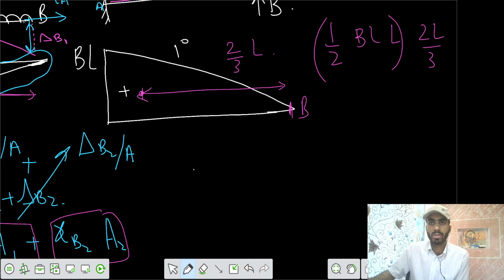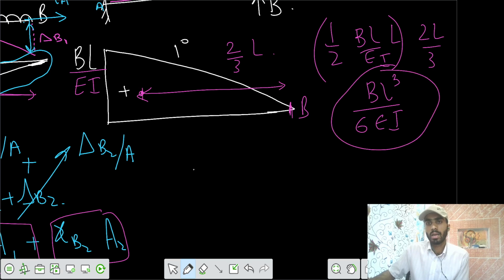So that becomes BL cube by, and you have to divide it by EI because we are dealing with the M by EI diagram. So BL cube by 3EI.